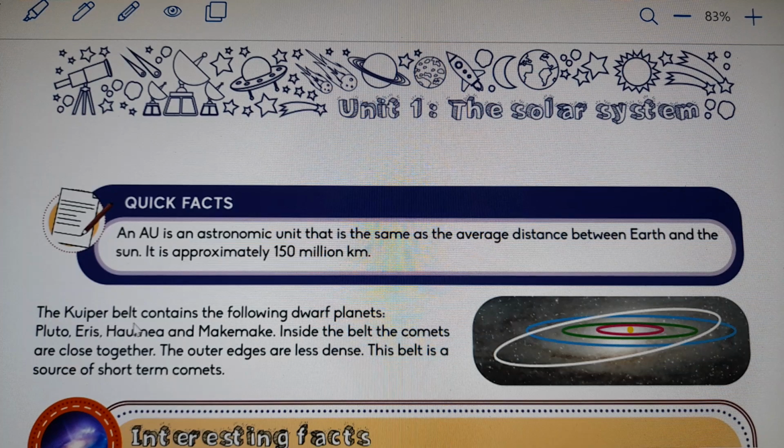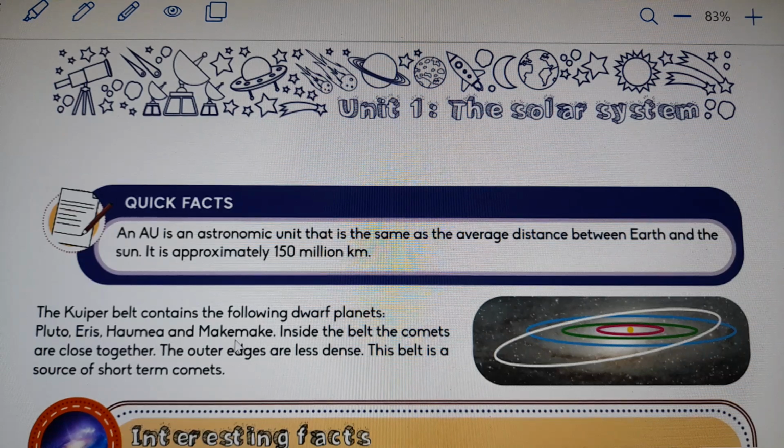They say the Kuiper belt contains the following dwarf planets. Okay, so the dwarf planets on the Kuiper belt are Pluto, Eris, Haumea, and Makemake. Wow. Okay, so we've got other dwarf planets.